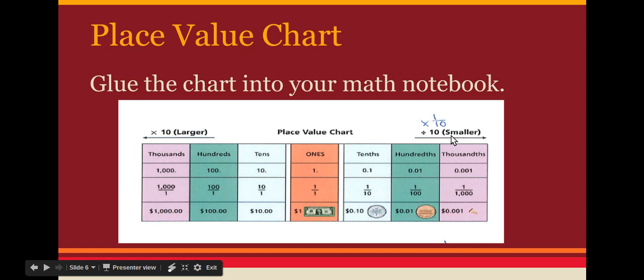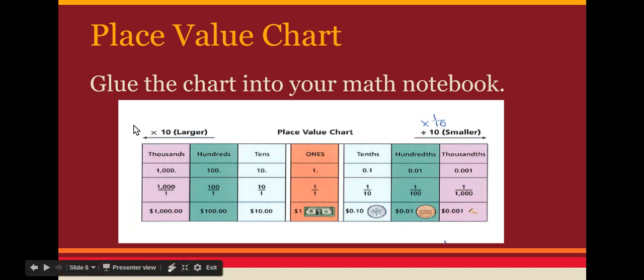Going to the right, you can see that each place in our place value system is 1/10 as big as the place next to it. So from thousands to hundreds, you would divide by 10. From hundreds to tens, you divide by 10. If you take 10 and divide it by 10, you get 1. And you keep going, dividing by 10 every time you move one place to the right.